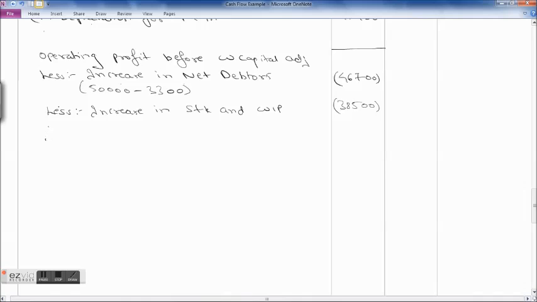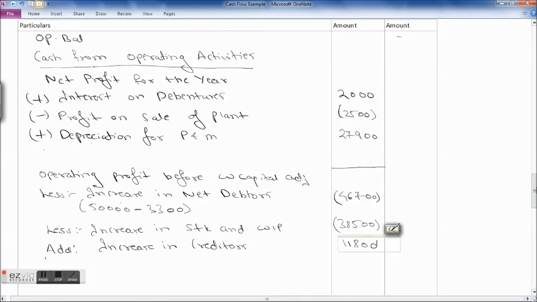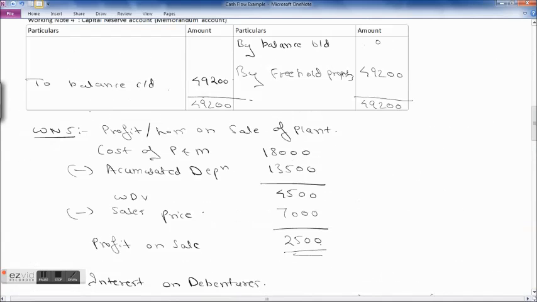So add increase in creditors. How much is that? 11,800.